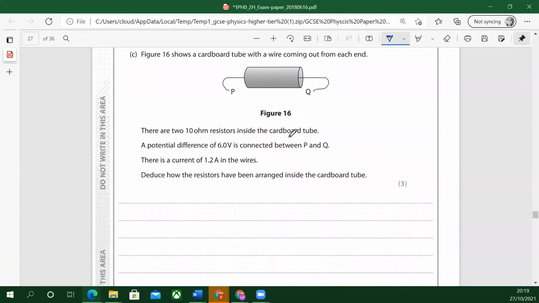So two 10-ohm resistors. Write down what we have: potential difference is 6 volts, current 1.2. Let's look at Ohm's law first of all. We've got to work this out, a little bit of a puzzle. V equals IR.